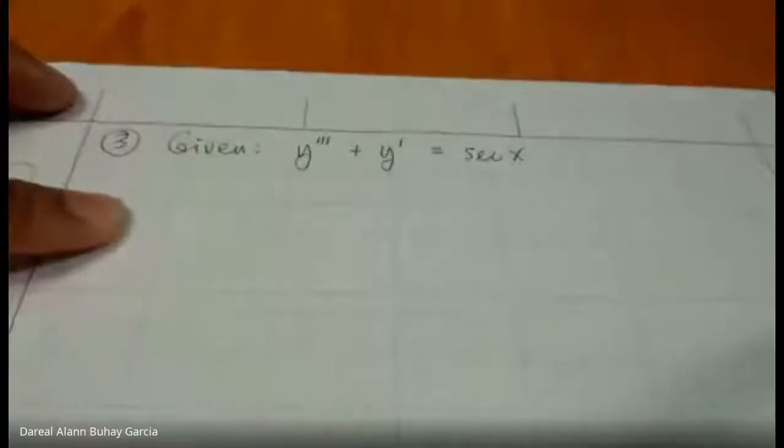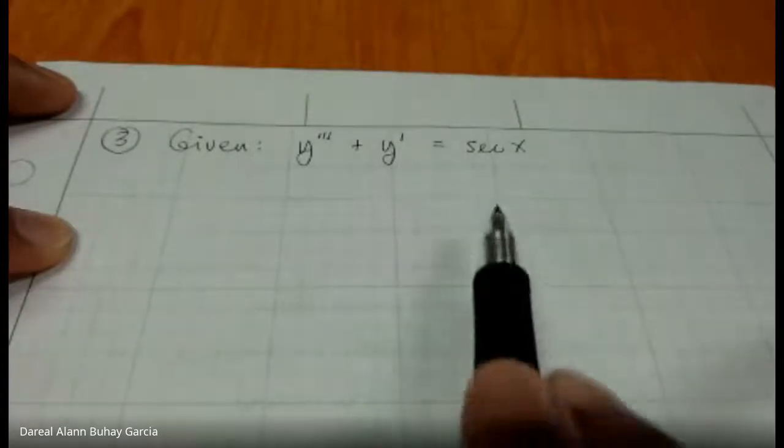So let's say given y triple prime plus y prime is equal to secant of x. Earlier we could also solve this by undetermined coefficients because it is secant of x. So, find y.